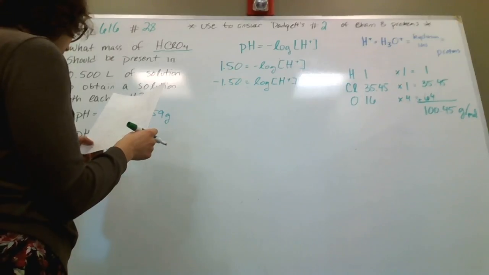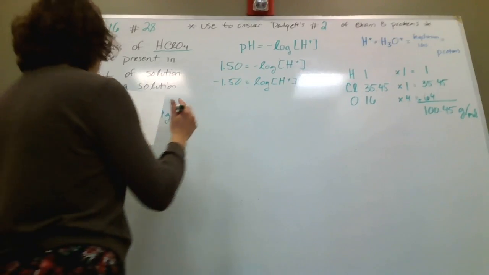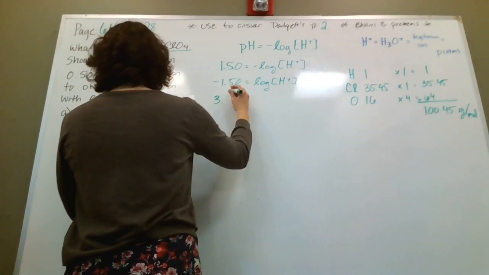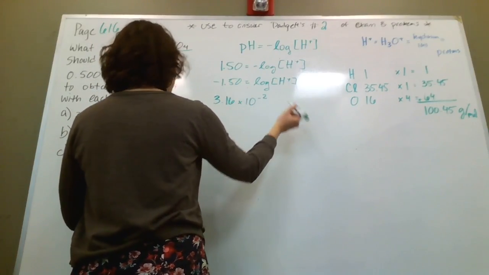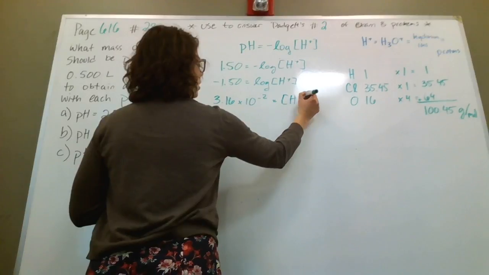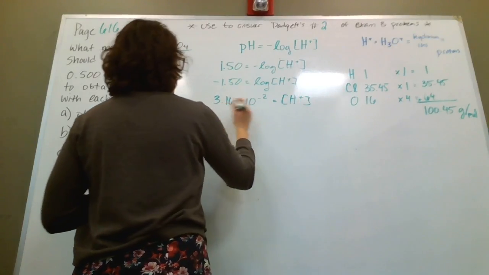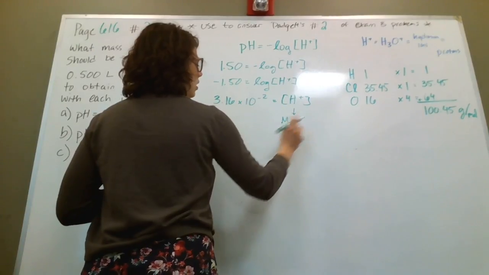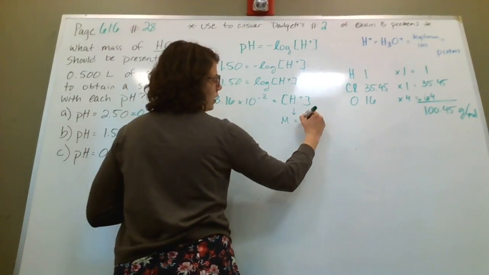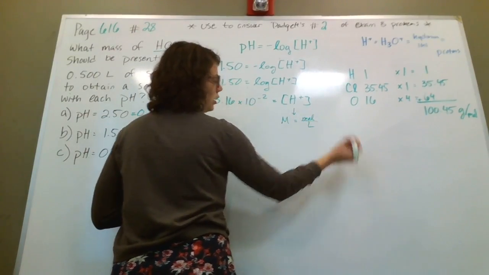And that gives me 3.16 times 10 to the negative 2. That is my H plus concentration. Remember that concentration, these brackets are molar, and that equals moles per liter.